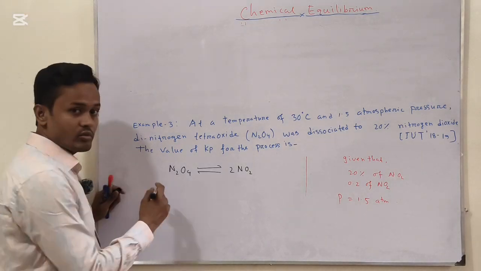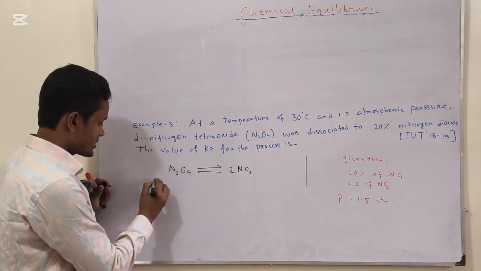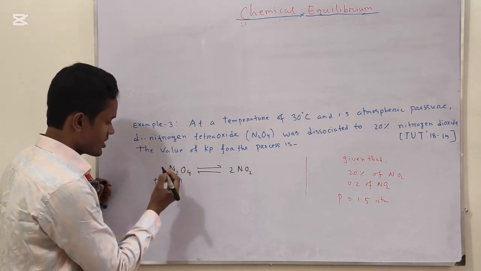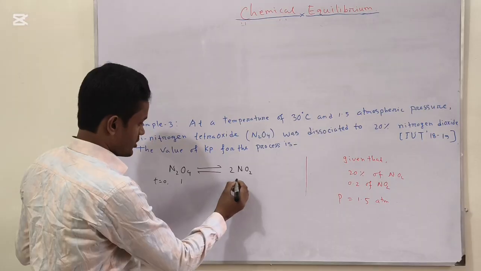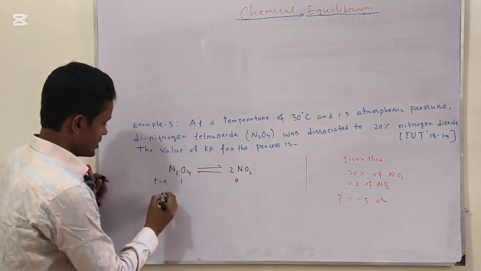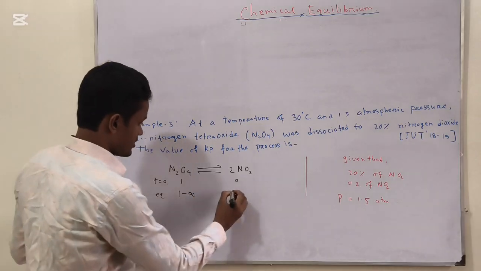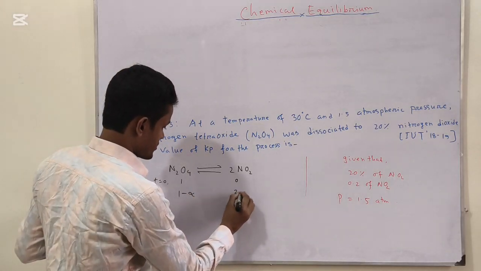Firstly, when t equal to 0, 1 mole, 0 mole for product, then at equilibrium 1 minus alpha, then product 2 alpha.